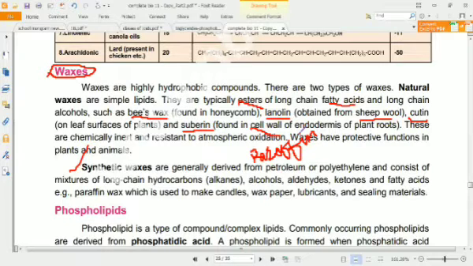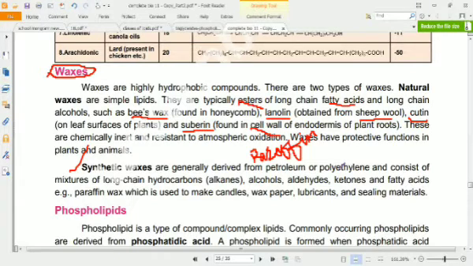Paraffin wax is made from petroleum, and synthetic waxes can also be synthesized from polyethylene, like from the polymerization of ethylene. That wax is made by direct polymerization of ethylene under special conditions.